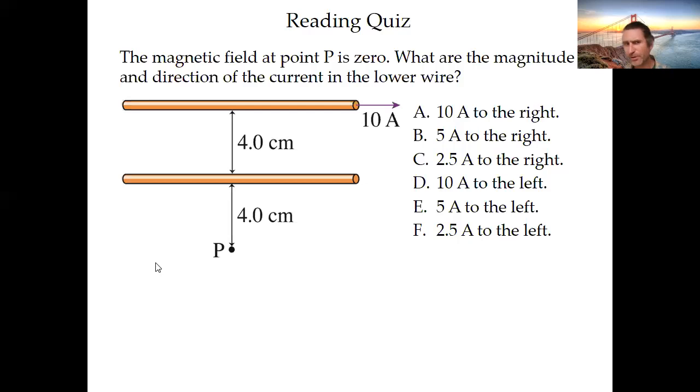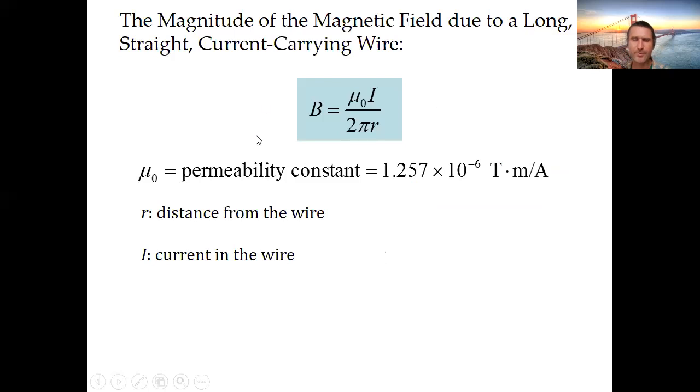I'm going to give you a little bit more information, and then we'll try the poll again. Did you remember from the text that the magnetic field strength is proportional to the current, I, and inversely proportional to the radius?